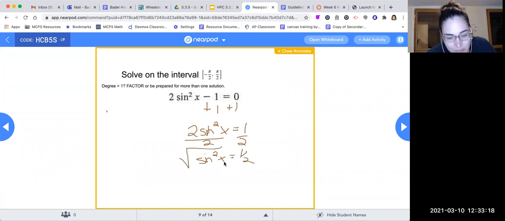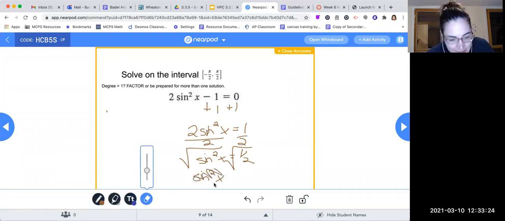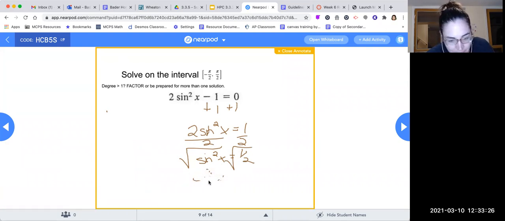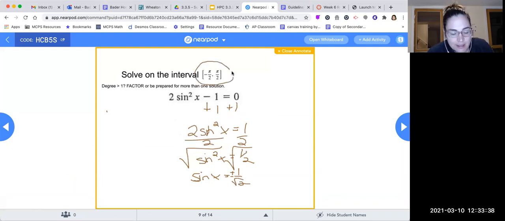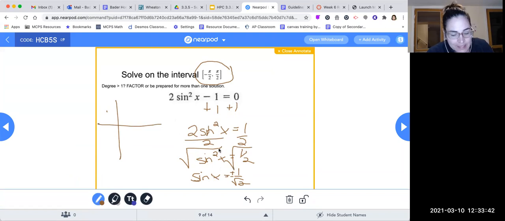And then I'm going to take the square root of both sides. So sine of x now, because we did take the square root, is plus or minus 1 over root 2. Okay. And remember, I'm stuck in this interval, right? So I'm looking for where do I have a sine of plus or minus 1 over root 2?